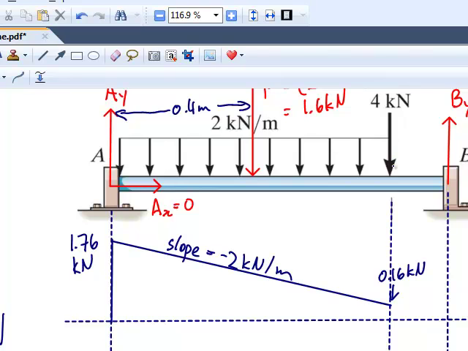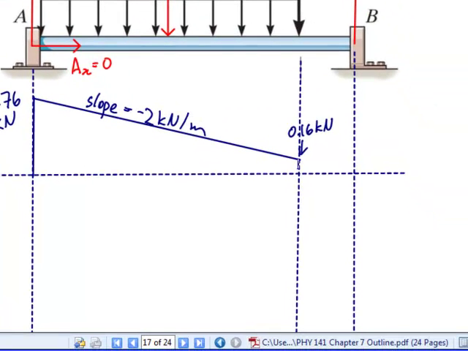All right, what happens at 0.8 meters? It takes a jump of 4 from the concentrated load. So if it goes down by 4 from 0.16, what value does it go to? -3.84. Okay, and then what happens between here and B?